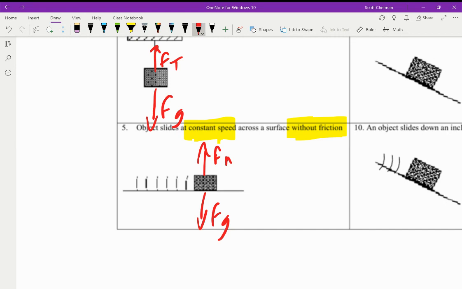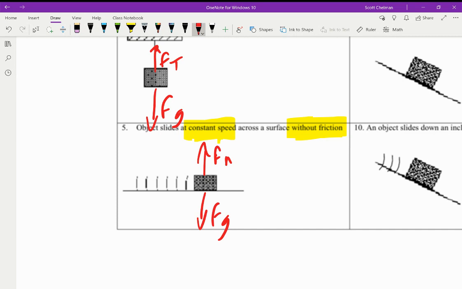Okay. Any other arrows? Now, that's a good thought, but why do we know that there's not an application force? What on there tells us there's not an application force?